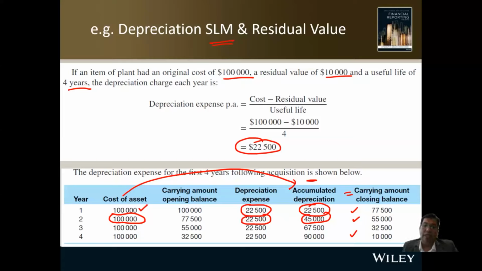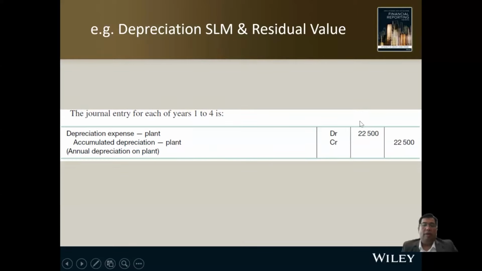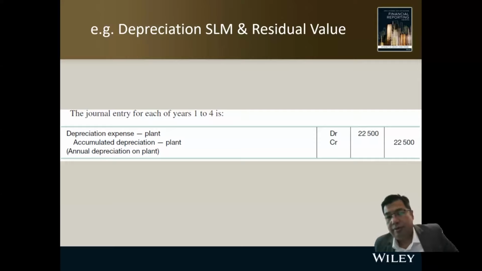That is your residual value. So what will be the journal entry for every year? Debit depreciation expense, credit accumulated depreciation.